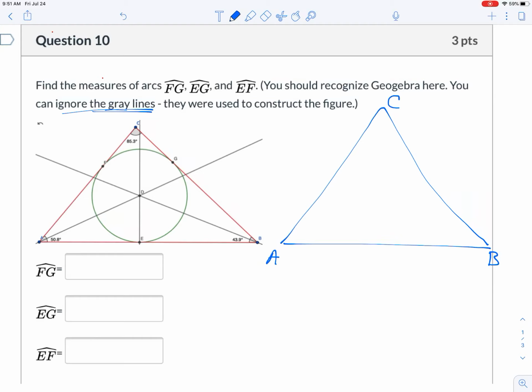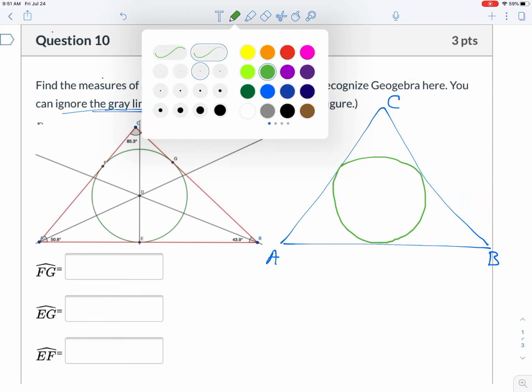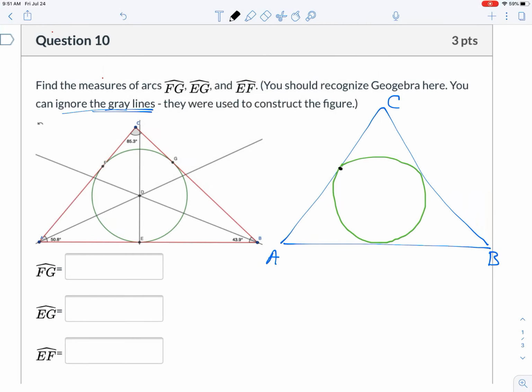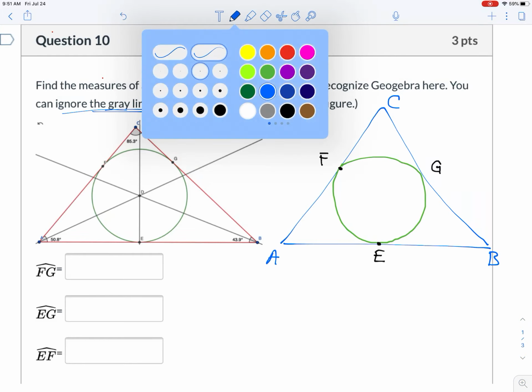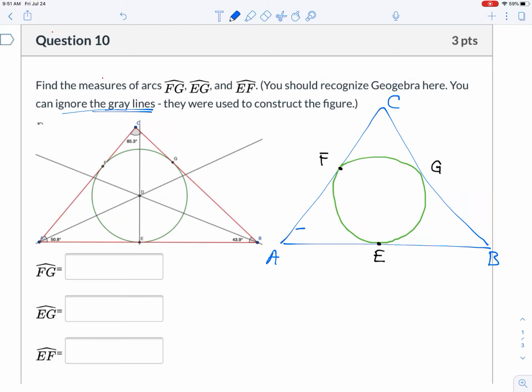So here's triangle ABC. Here is an inscribed circle. That's the one in green. And that inscribed circle has tangent points at F, G, and E. And essentially what we are looking to find are, let's put in the angles here, 50.8, 85.3, and 43.9.